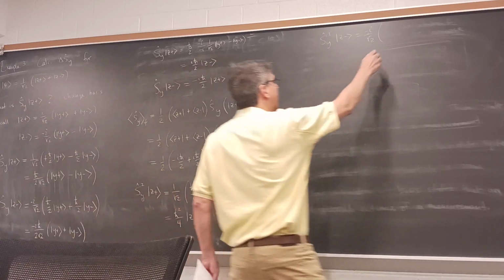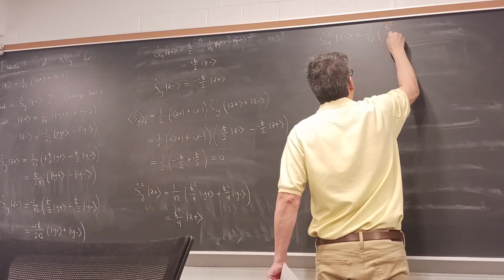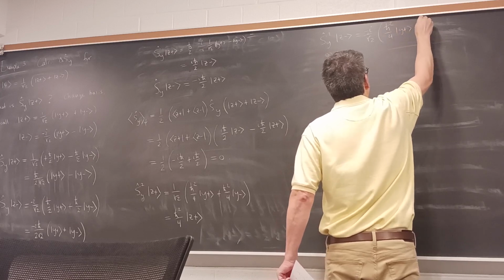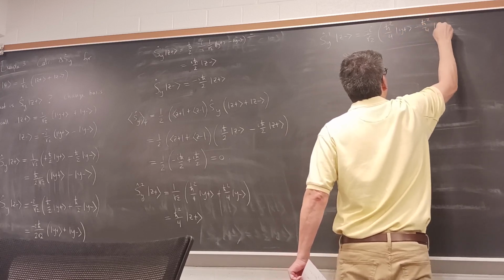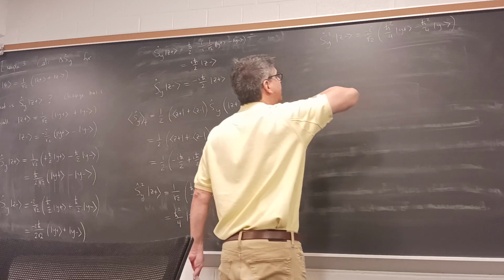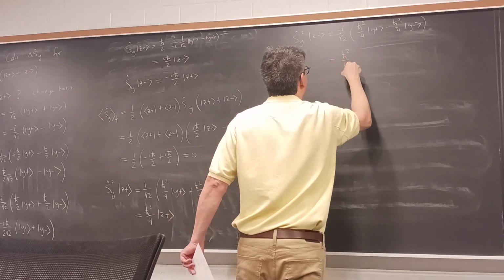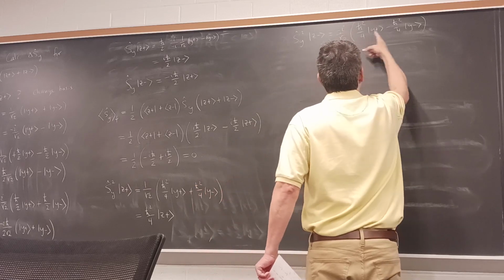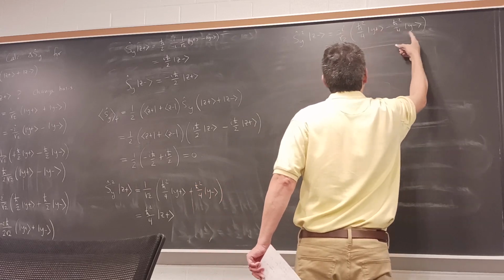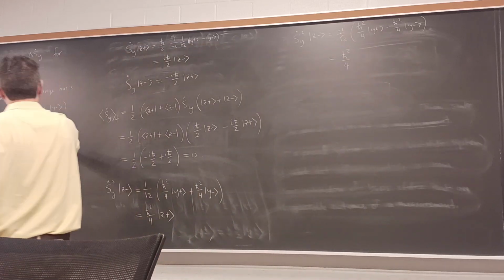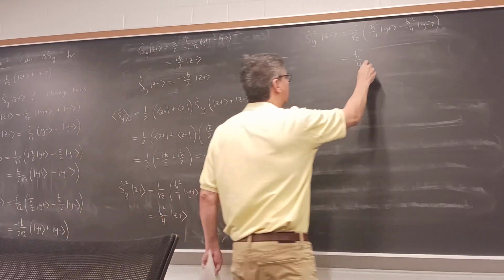So I'll have h bar squared over 4, Y plus, minus h bar squared over 4, Y minus. But this is h bar squared over 4, and then I'll have a minus I with a Y plus minus Y minus. So we'll just have Z minus again.